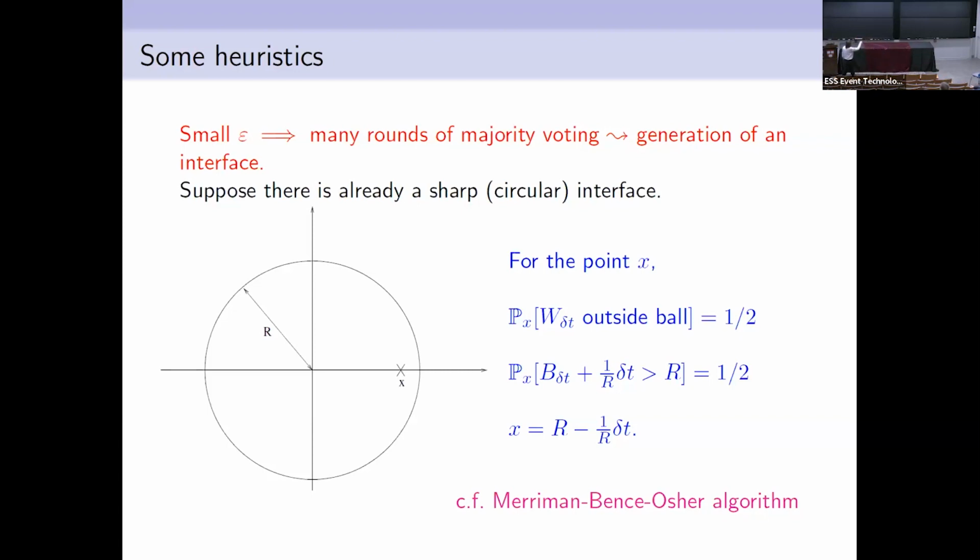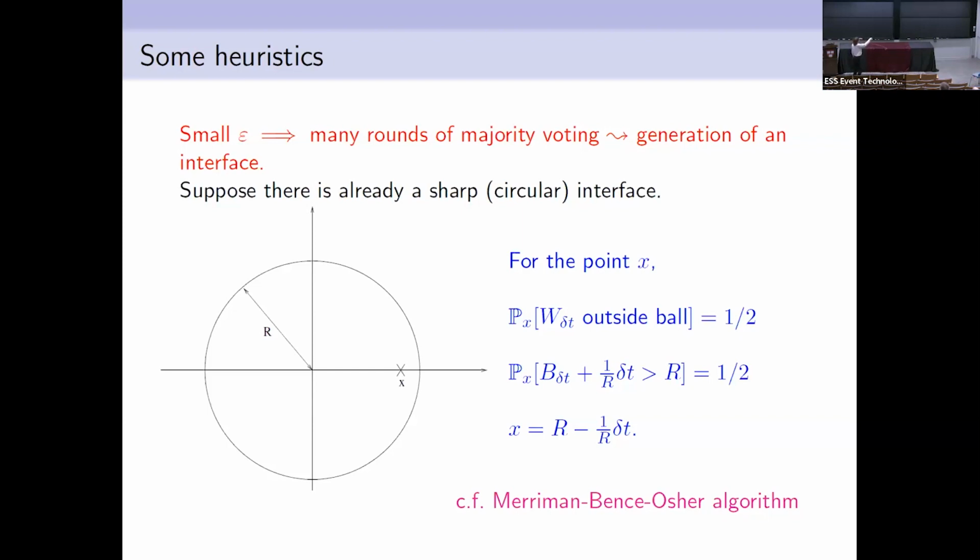If I'm close to the boundary of this ball, and the radius of this ball is capital R, then 1 over the modulus of my Brownian motion is 1 over R to a first approximation. And so the modulus of W delta t is essentially B delta t plus 1 over R times delta t, plus something lower order, which I'm going to ignore.